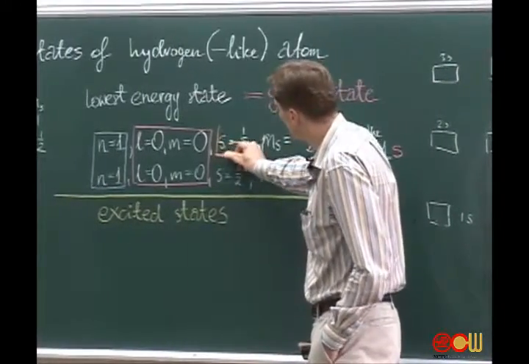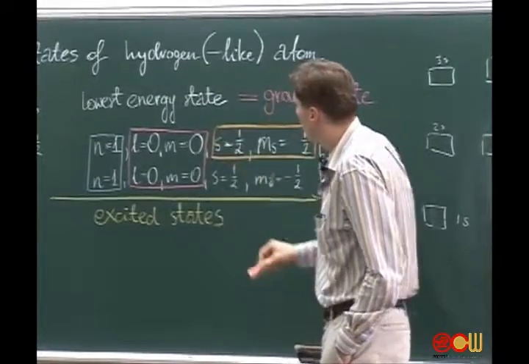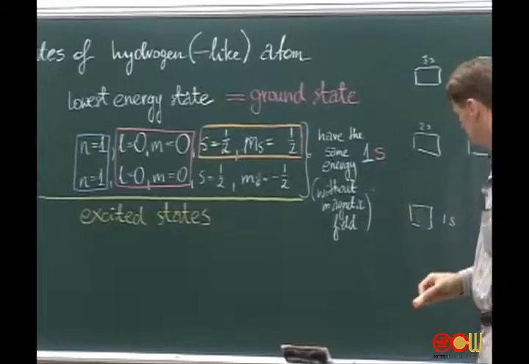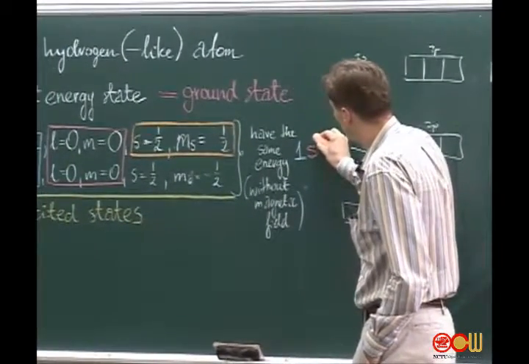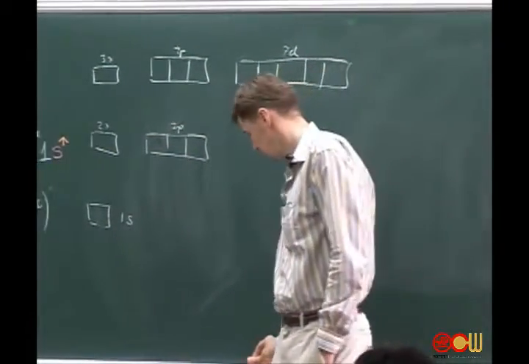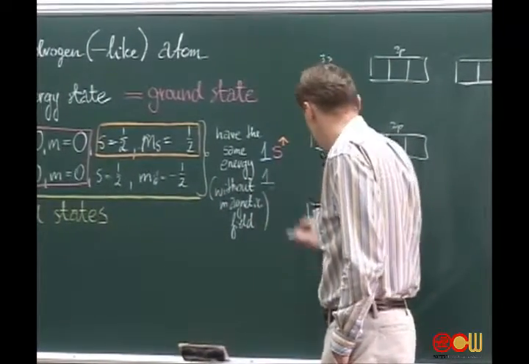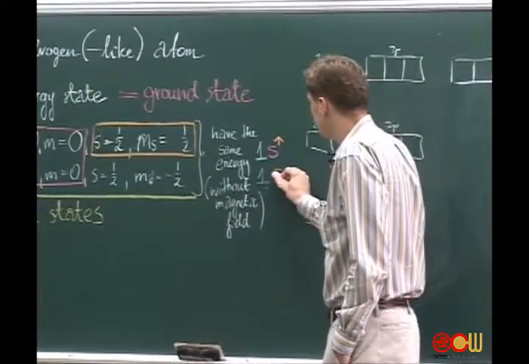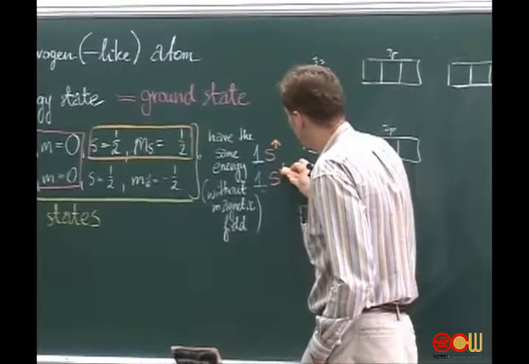Instead of writing this, people put an arrow up here. Similarly, for the other state, it's 1s, and the arrow goes down.